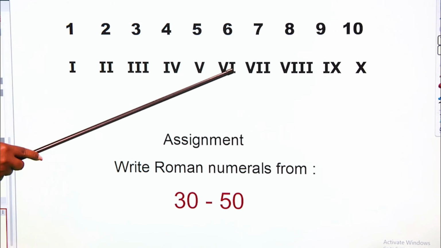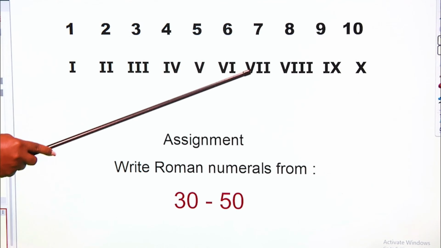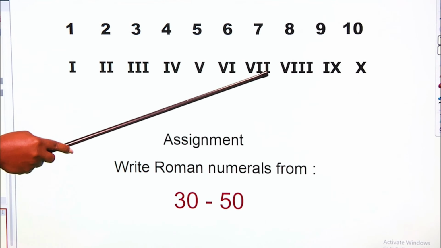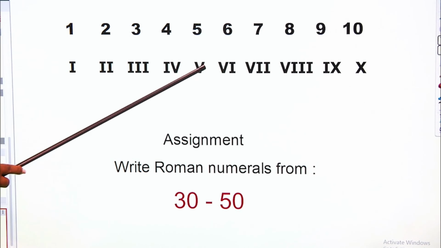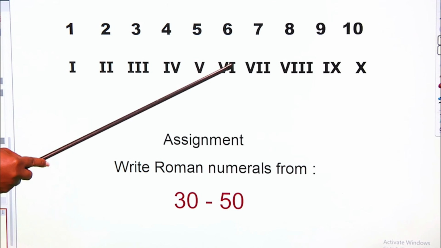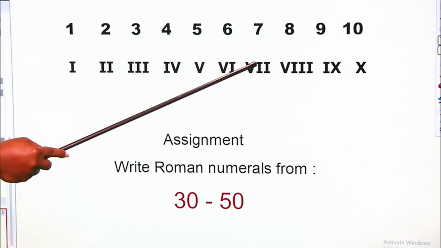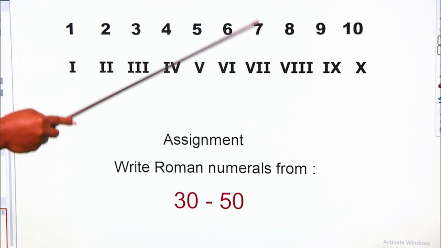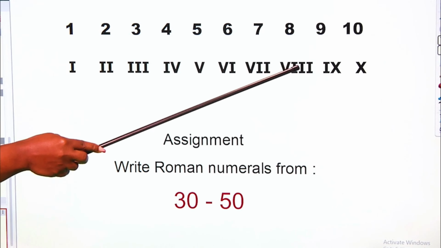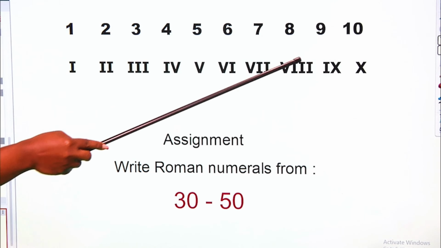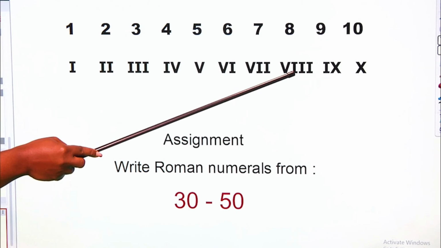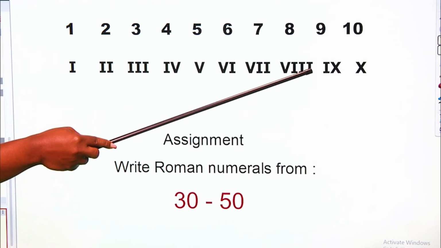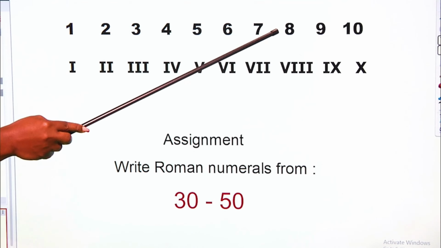6, VI. 7, VII. We are adding. So VI is plus 1, which is 6. VII, 5 plus 1 plus 1, which is 7. And then VIII, 5 plus 1 plus 1 plus 1, which is 8.